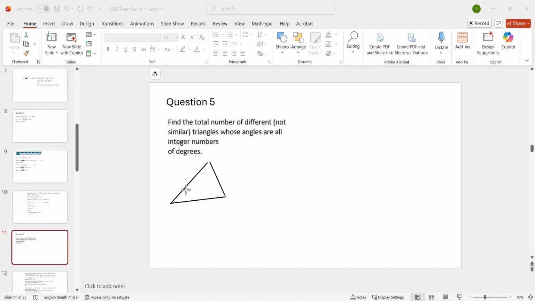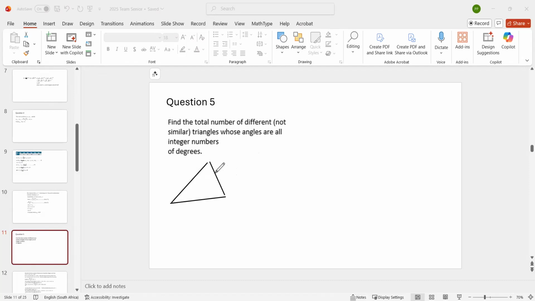We hardly say that the angle is 30.49376 degrees. But need not be so. The angle could be any angle, need not be an integer. So here the question is, you want all the angles to be whole numbers. How many such triangles are there? So it's a counting problem.